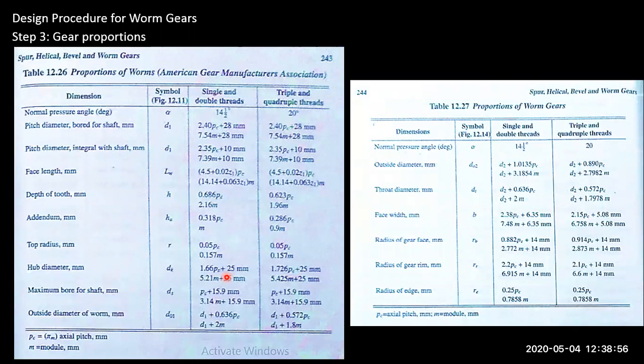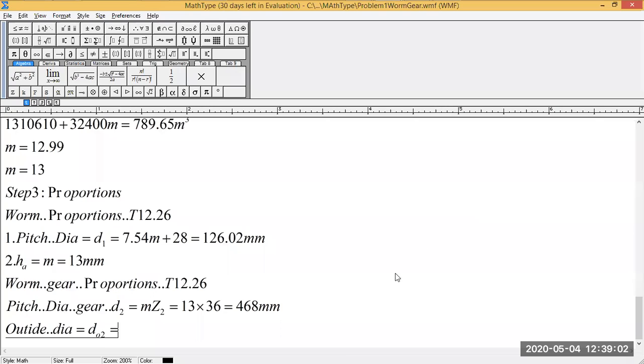This is equal to D2 plus 3.1854 M. So this equals 468 plus 3.1854 into 13.